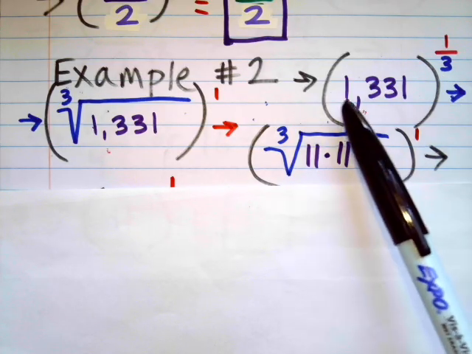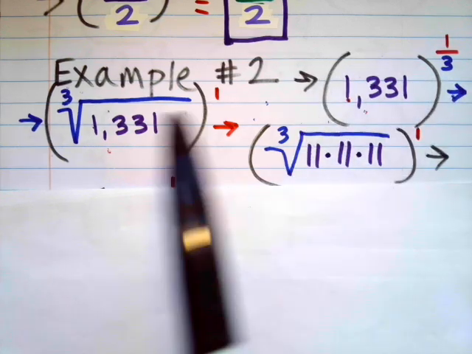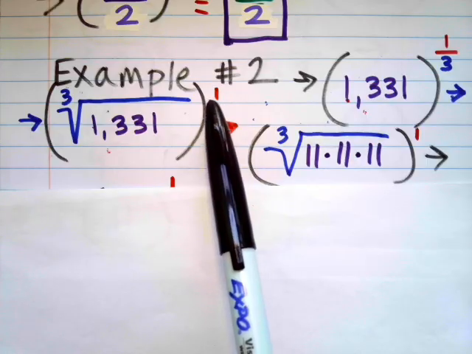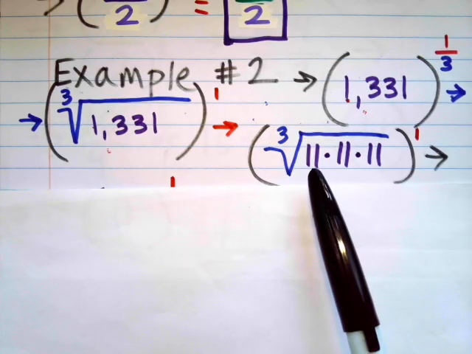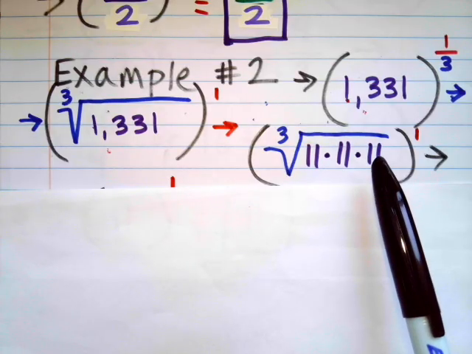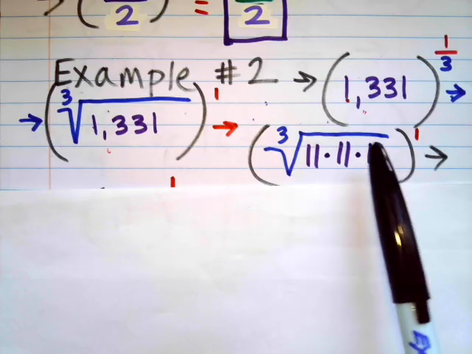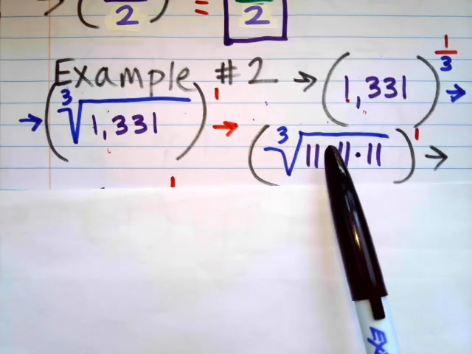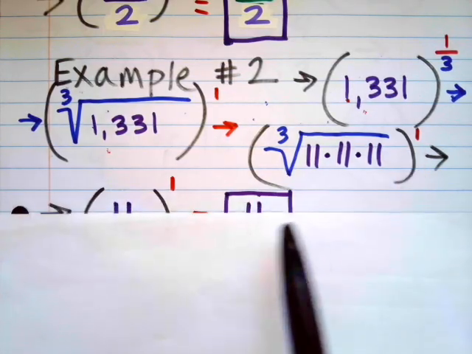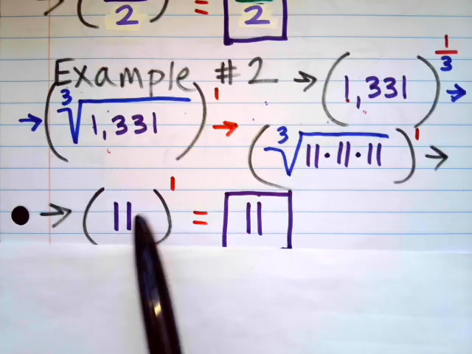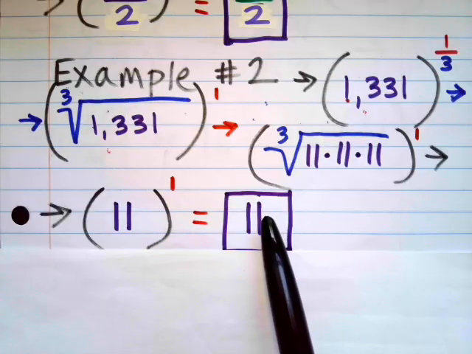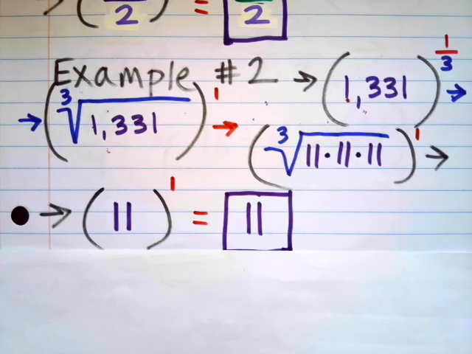So I'm going to put this whole term inside the cube root, raised to the power of 1. I know 1,331 is 11 times 11 times 11. I need three of the same factor because it's a cube root, just to pull out one value, raised to the power of 1. So here I have 11 raised to the power of 1, which gives me an answer of 11.